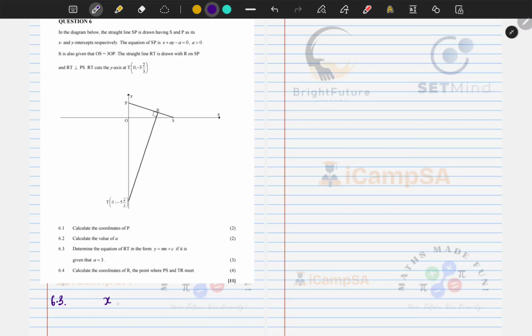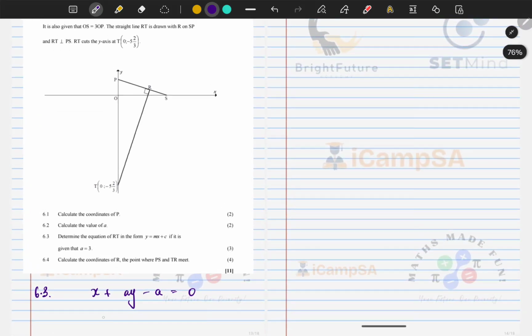So x plus ay minus a equals 0. What we are going to do is substitute a. So this is going to be x plus 3y minus 3 equals 0.